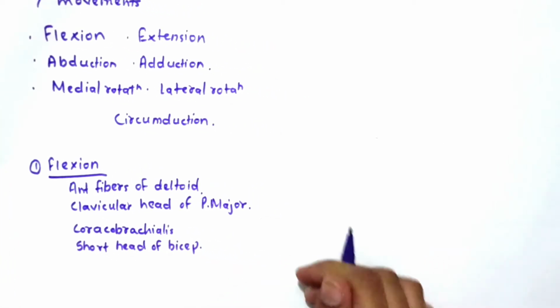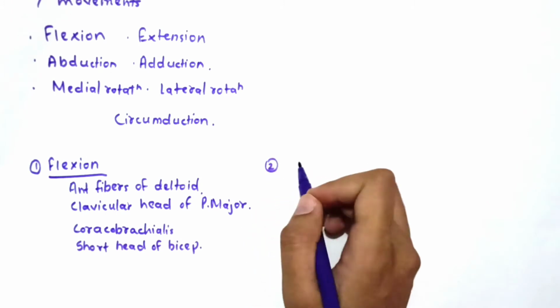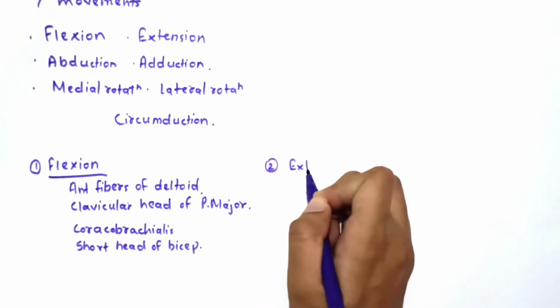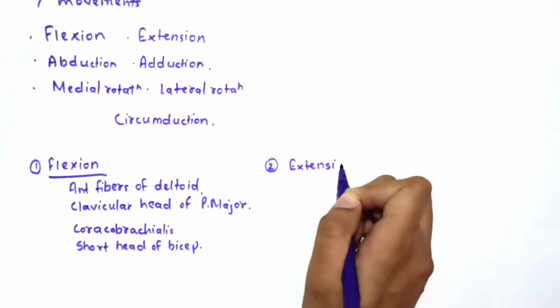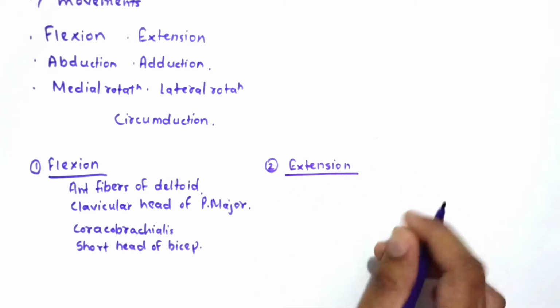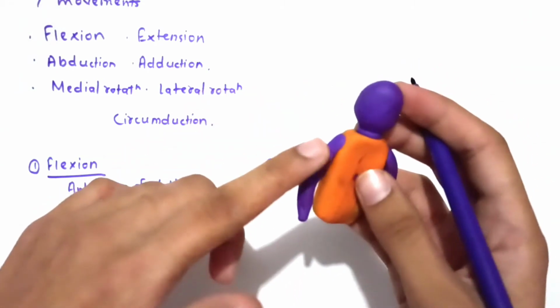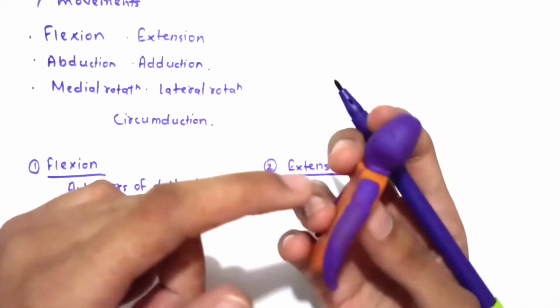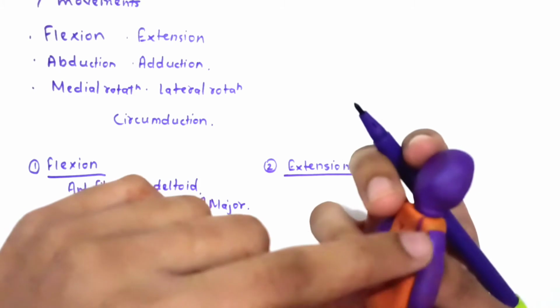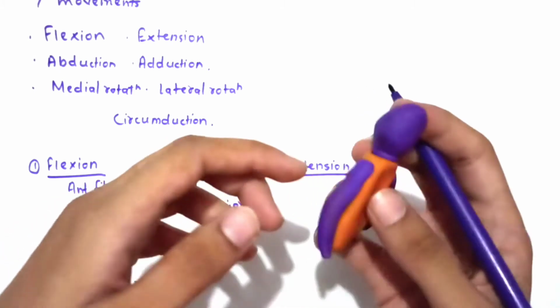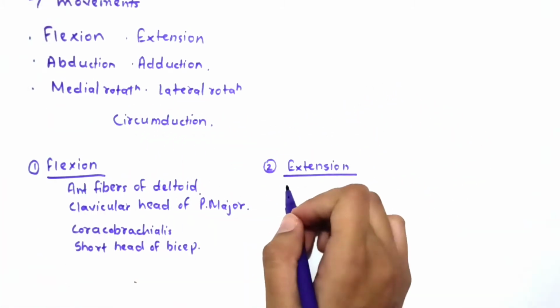Now for extension. For extension, we basically bring our hand back to the normal position. So for this we need to pull our hand from the back side, so the muscles of back side will help.